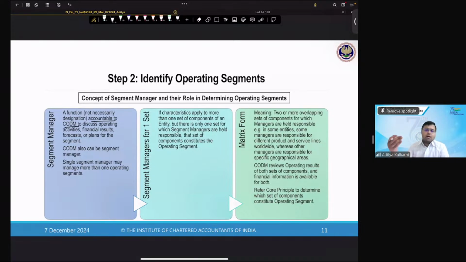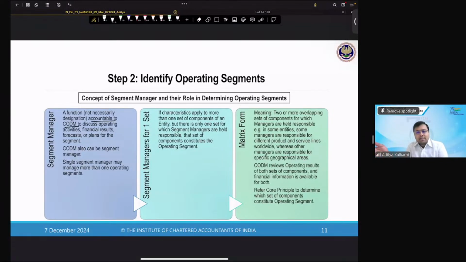Okay, so in the place where I work, we have a function that caters to the Middle East, and a function that caters to United States and Europe. Both of them are reporting to the chief operating officer. These two divisions are headed by what we call business unit heads.